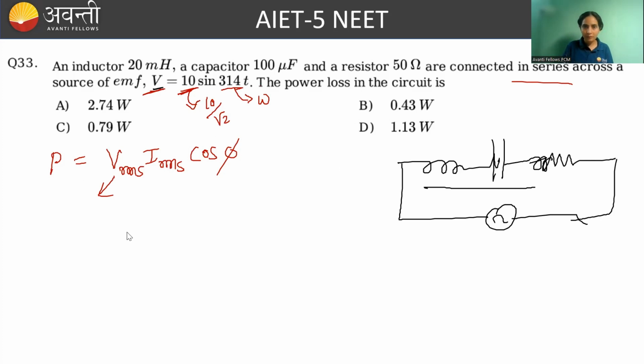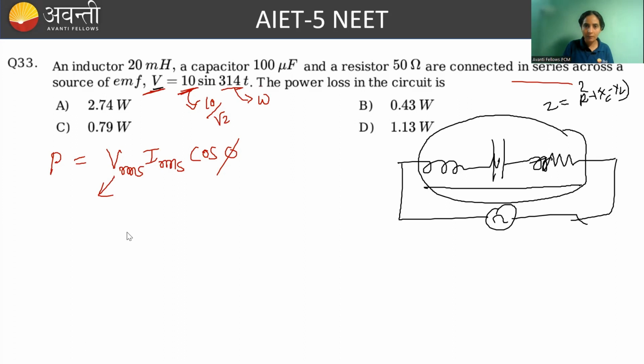So this is a circuit, and its impedance Z is equal to how much? Z is the square root of R square plus XC minus XL whole square.